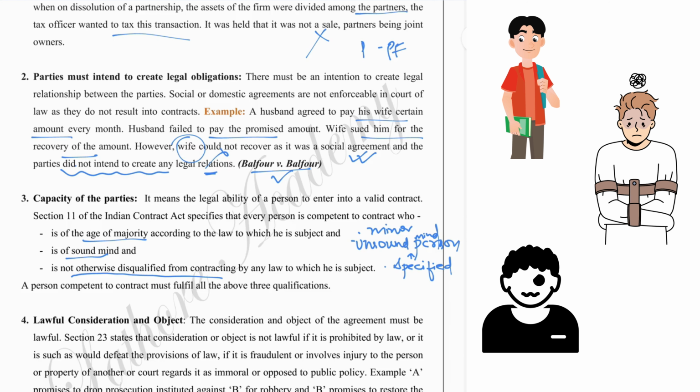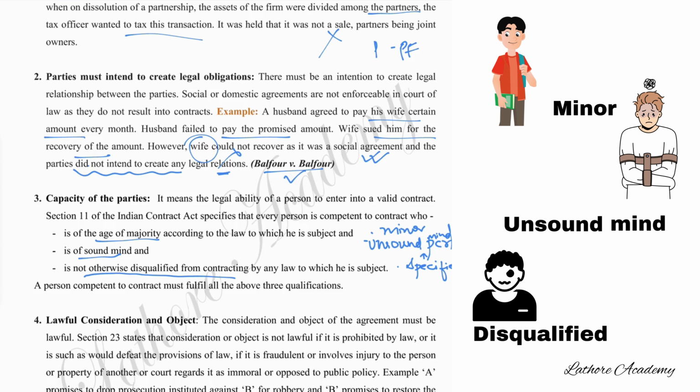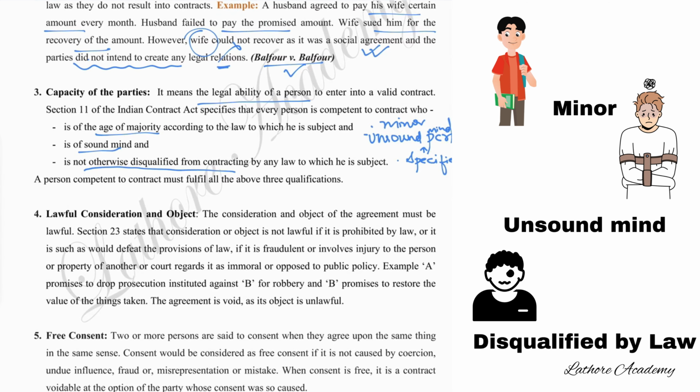They are specific parties with whom you cannot enter into contract. So capacity has to be there, matlab competency has to be there, as well as the legal ability in order to enforce the contractual obligations.